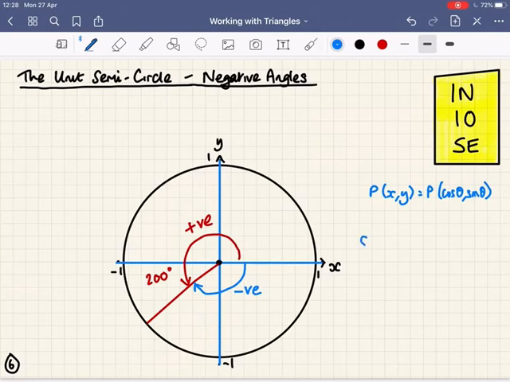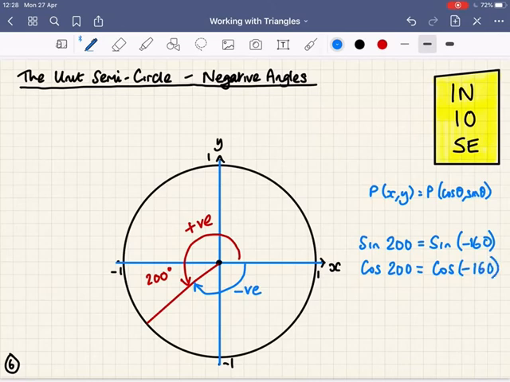So sine of 200 degrees is the same as the sine of minus 160 degrees, and similarly, cosine 200 is equal to the cosine of minus 160 degrees. They're just two ways of getting to the same location on our unit semicircle.